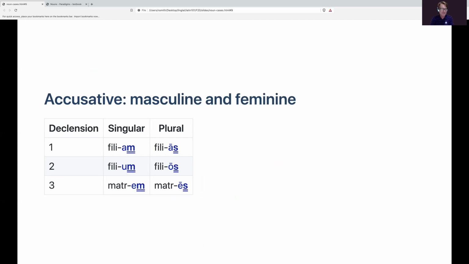In the accusative, it might help to note that the M in the singular is a kind of marker in all three declensions for the accusative case. Am, um, em, if it helps you to look at those endings together, you can do that. And similarly, in the plural, all the first three declension nouns in the masculine and feminine end with a long vowel and an S: as, os, es.